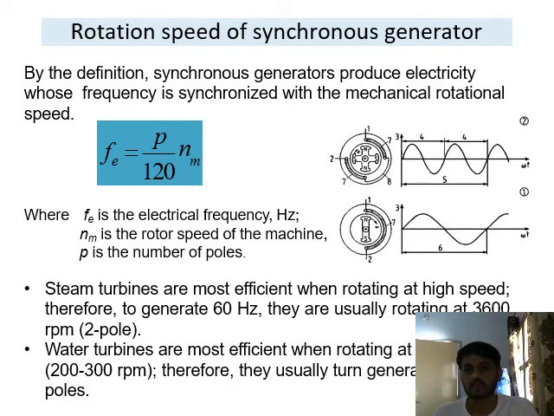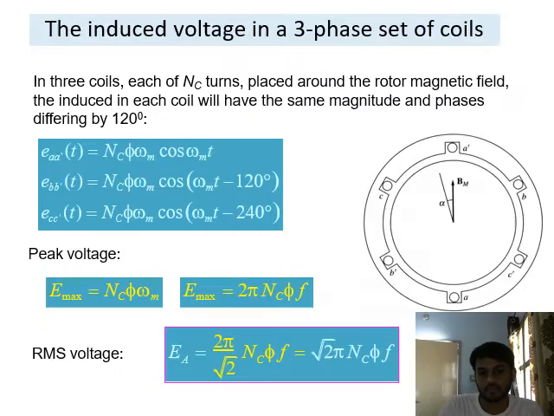Therefore they usually turn generators with a large number of poles. So when we want a higher speed, we go with the non-salient pole construction, and when we want a low speed, we go with the salient pole type.